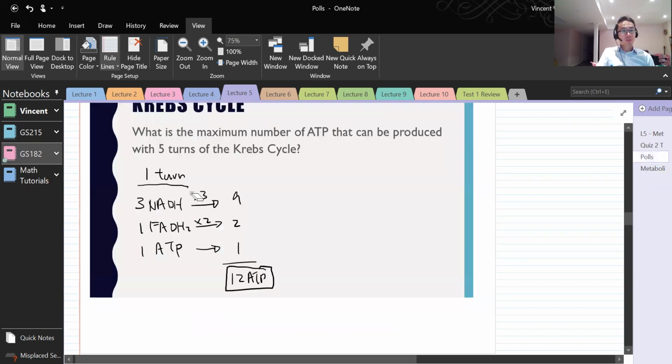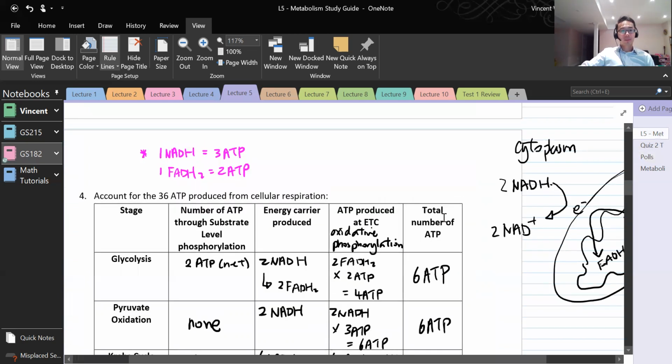You mean how do I get the 3 and the 2 here? Is that your question, Adriana? It's always 3 for NADH because one NADH can produce up to 3 ATP, whereas FADH2 will produce up to 2 ATP, right? So NADH will always be times 3, and FADH2 is always times 2.